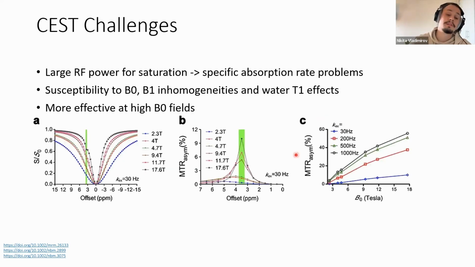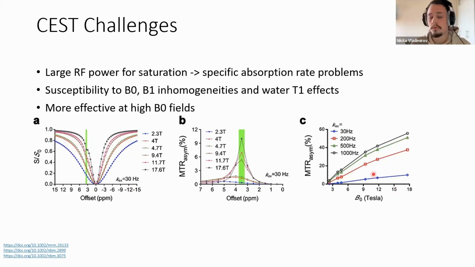Another problem is that CEST is more effective at high fields, especially for low exchange rate modes. Here you can see numerical simulations of the Z spectrum. For example, the 3 ppm resonance is visible only at ultra high field if we have some small exchange rate, like 30 Hertz, and also some simulation of the MTR asymmetry and its dependency on exchange rate.